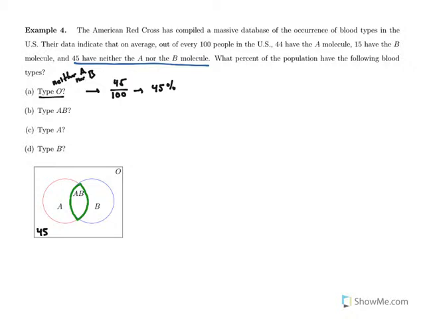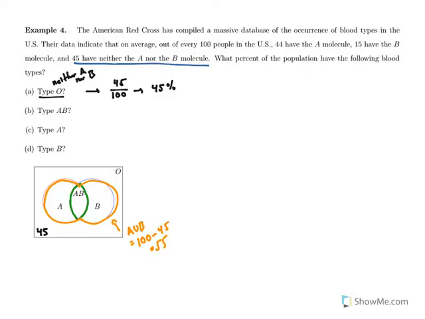There are 100 people total we're looking at. And if we're looking at stuff in the union, that is, in these two circles together, that is A union B. That's going to be 100 minus that 45, or 55 total.